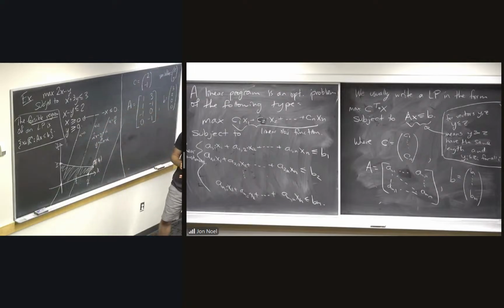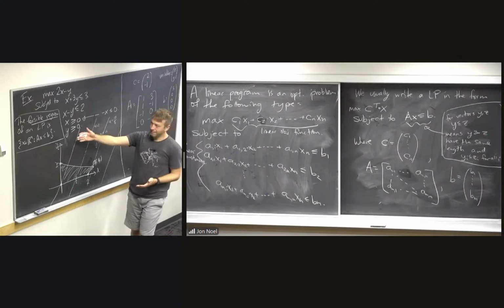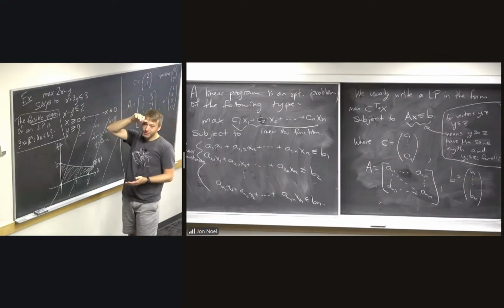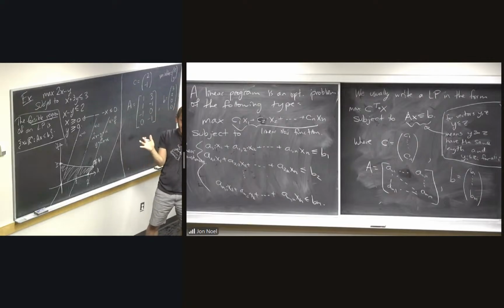Any questions about that? Of course, if I've got 17 different variables, I wouldn't recommend trying to plot this in 17 dimensions and move a hyperplane, because you're not going to be able to visualize any of that. So we do have to think of this in more generality.